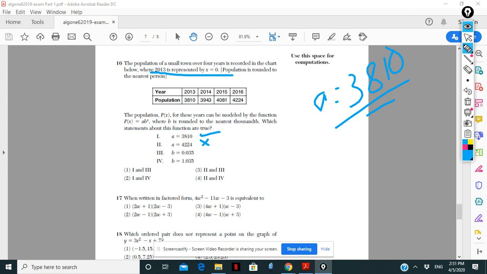The b value, if you're looking here, it's growth. So what does it mean? The b value should be more than 1 to be a growth. So it can't be this one. It must be b equal to 1.03. So the answer is going to be 2. I related to the concept.